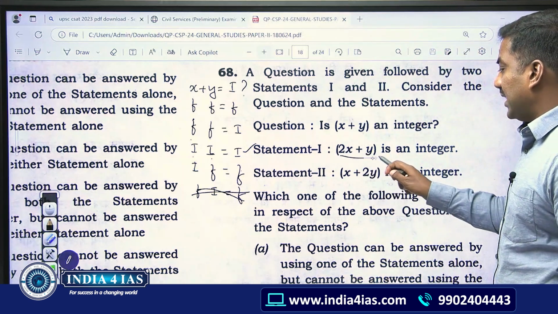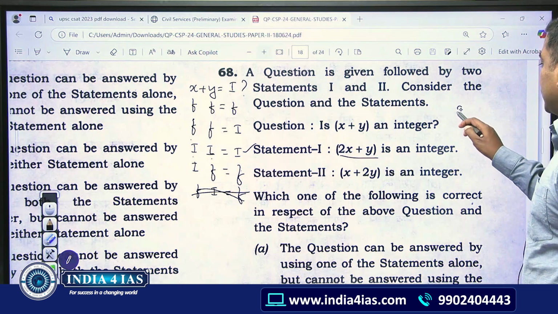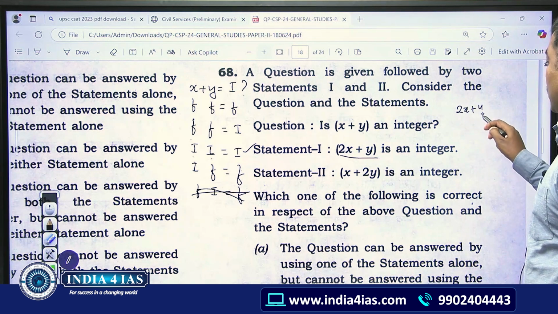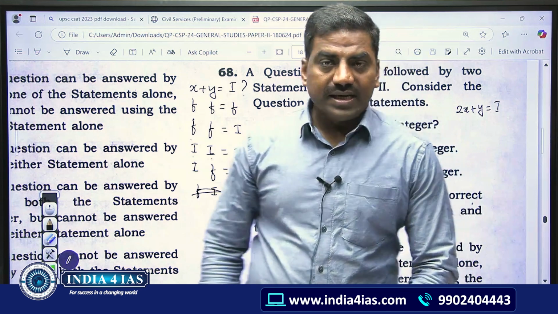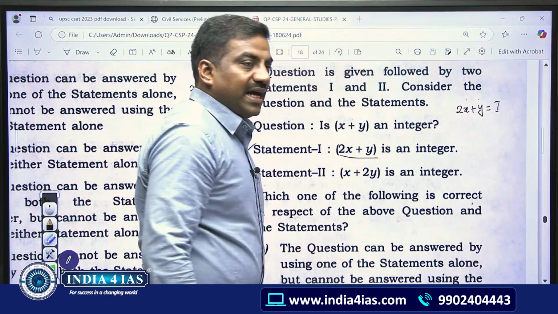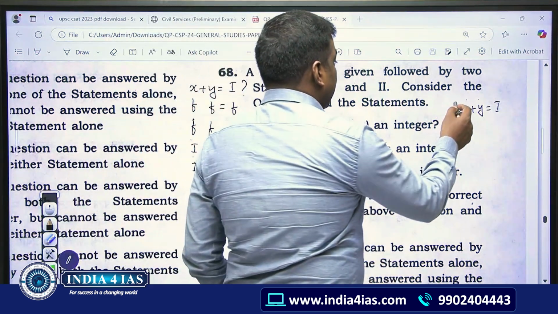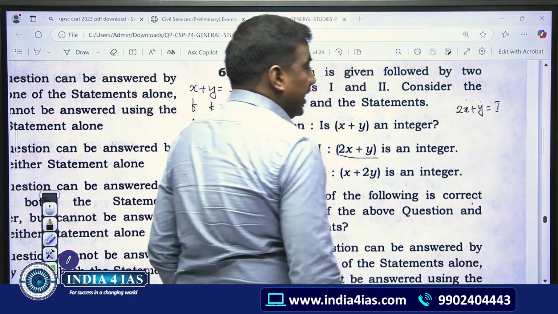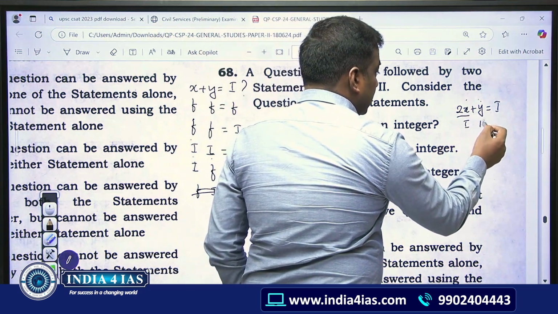So this is what we have to check here. Statement 1 is telling us 2x plus y is an integer. In this case, if both x and y are integers, then integer into 2 is an integer, so we'll get an integer.